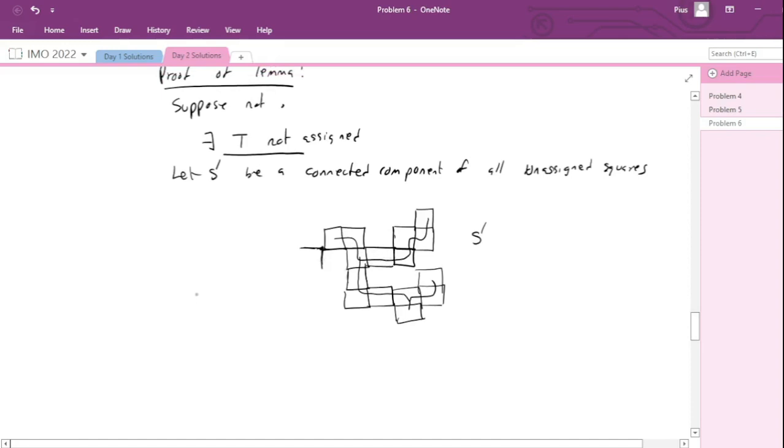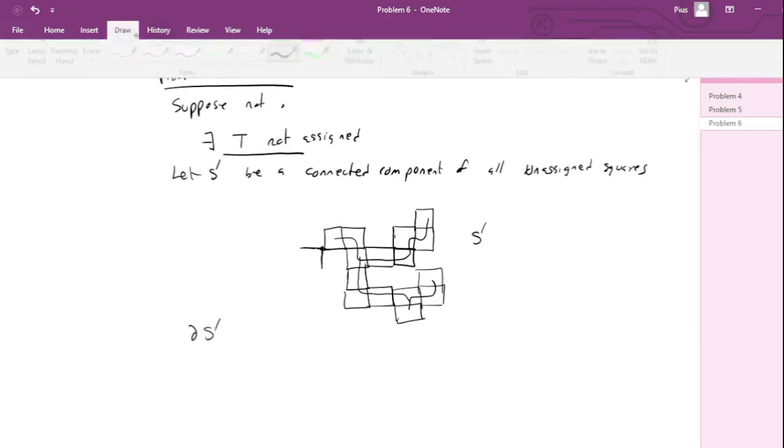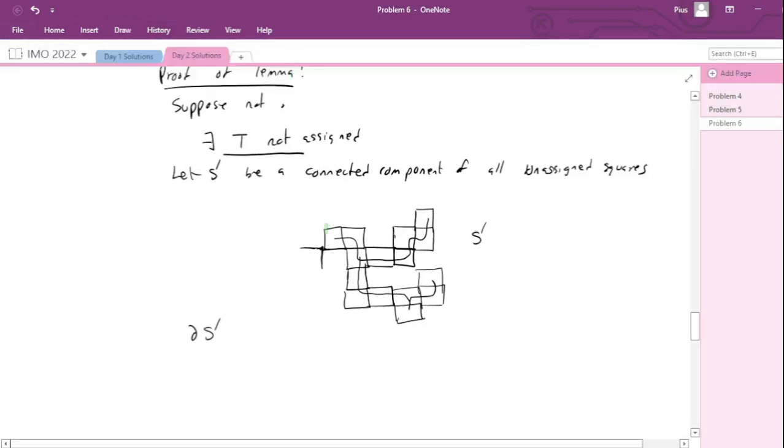Okay, so how do we go about this? So first of all, we look at the boundary of S prime. Let me indicate a boundary here. So in this case, this would be the boundary. So this is the boundary.